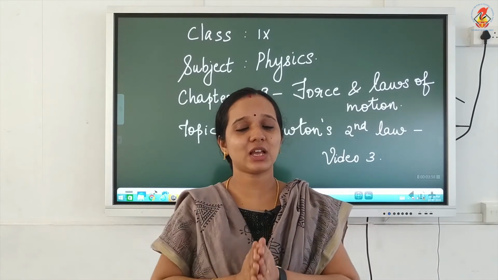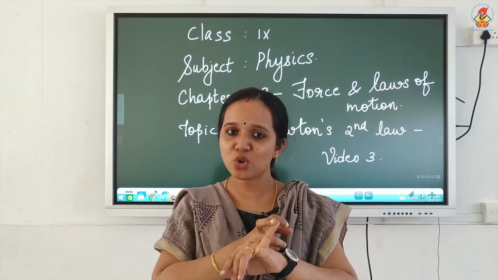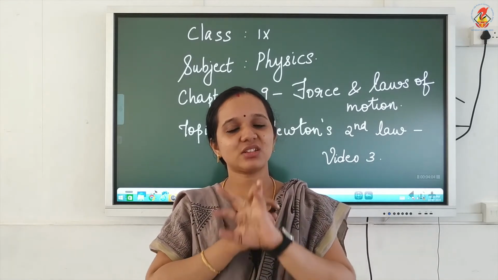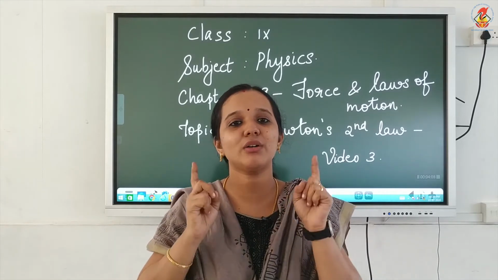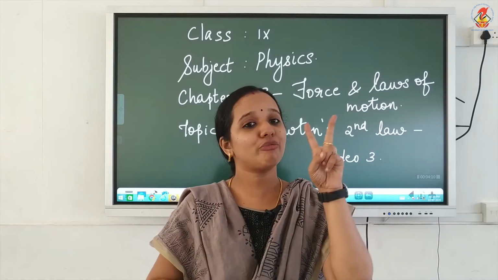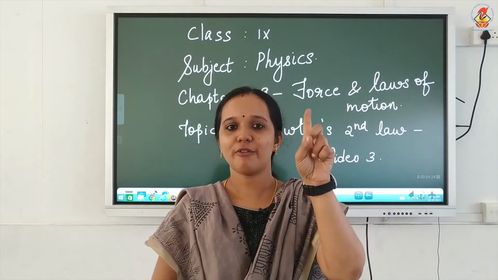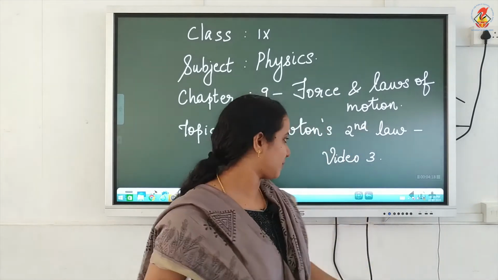So from this example, it is clear that heavier objects or objects with greater velocity can apply greater force. That is, force depends upon two quantities. One is mass and the second one is velocity.